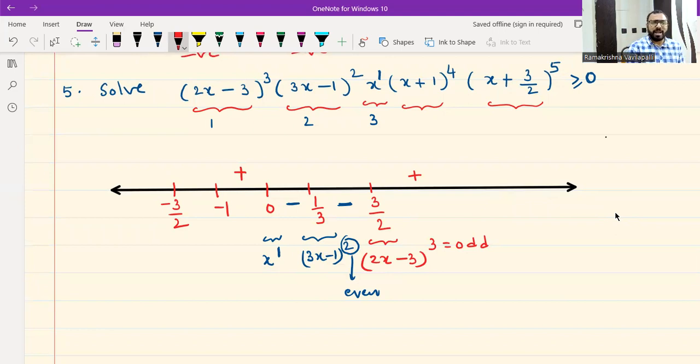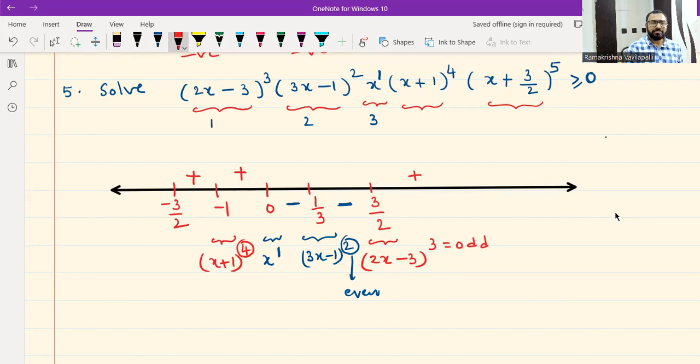Now corresponding to minus 1, it is x plus 1 power 4. So here this is even power, and when even power comes, there is no change in the sign. So you have to maintain the same sign to the left of minus 1 and to the right of minus 1.